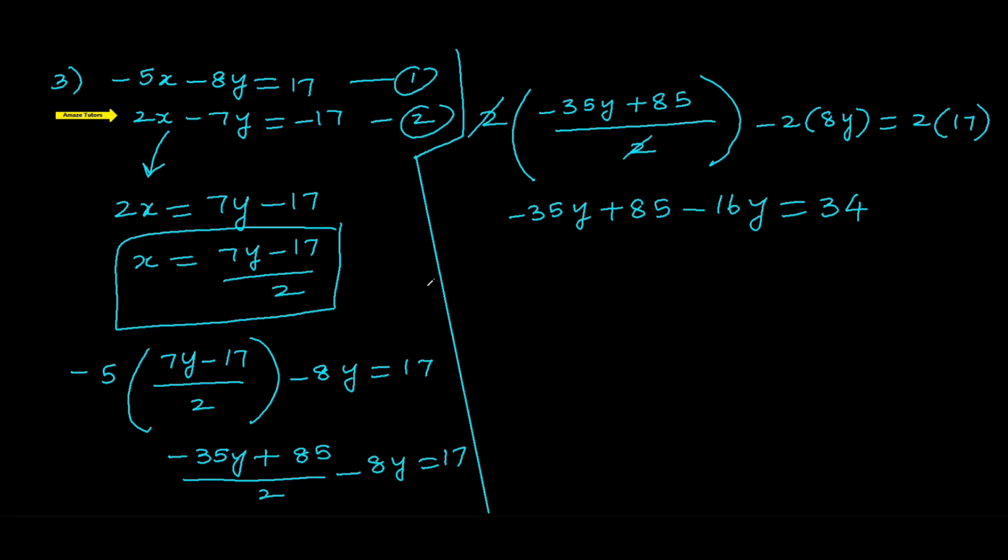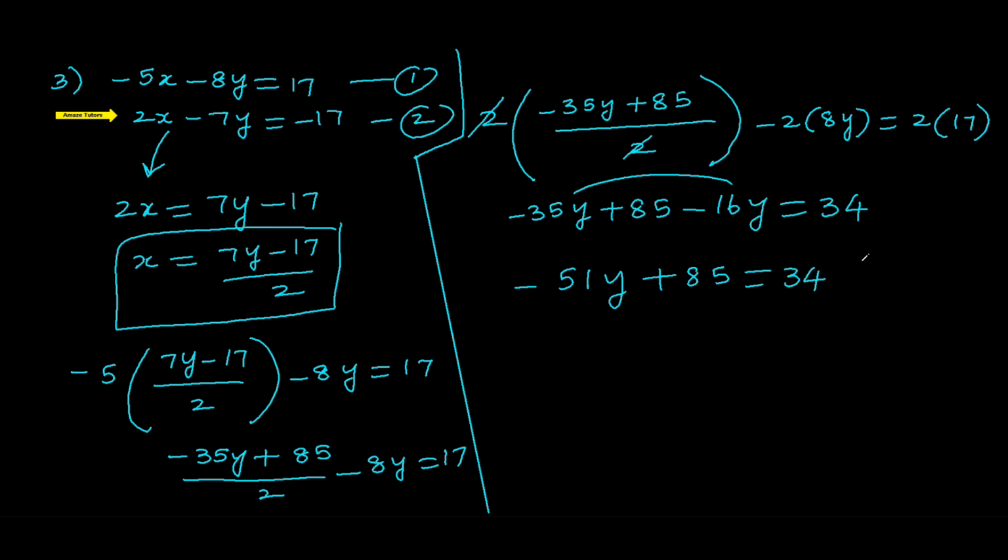Now we made the equation simpler. To get rid of the 2 only, I did this particular step. Combine the like terms again, y and y. Negative 35y minus 16y, 51. Negative 51y plus 85, that's equal to 34.